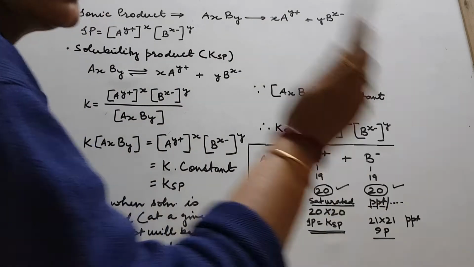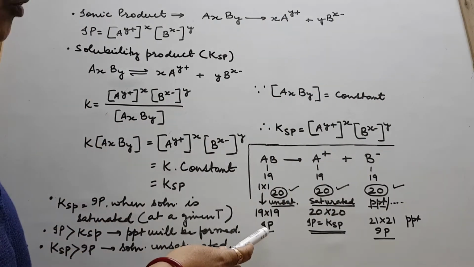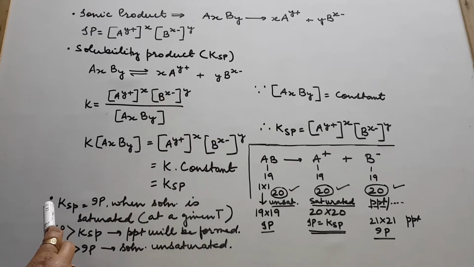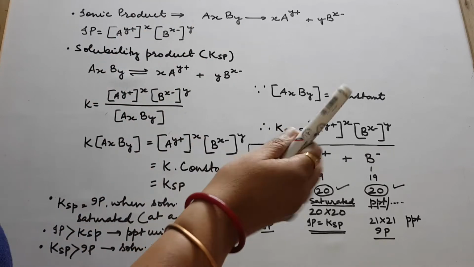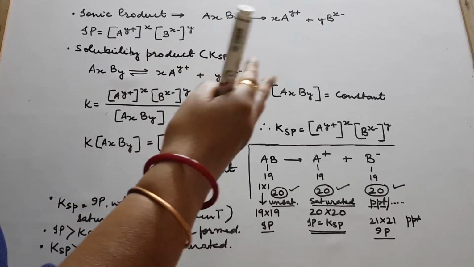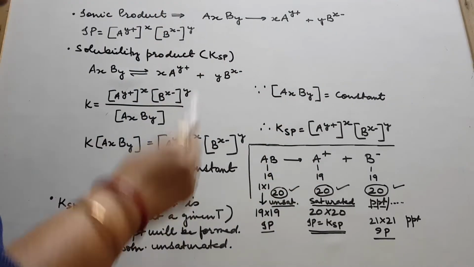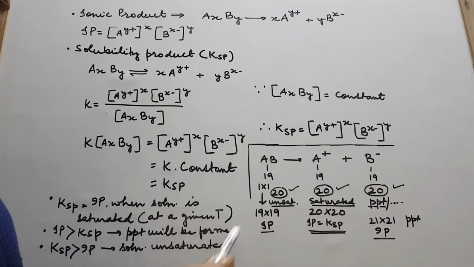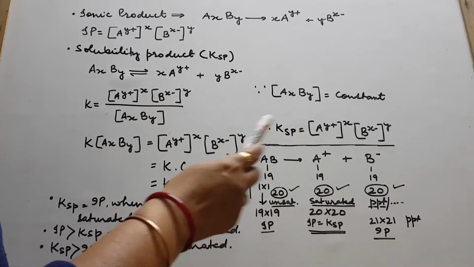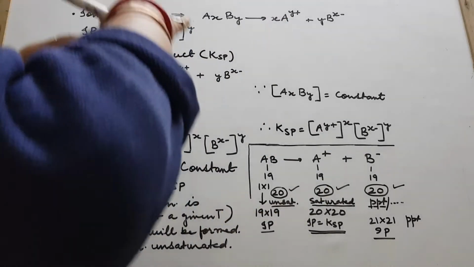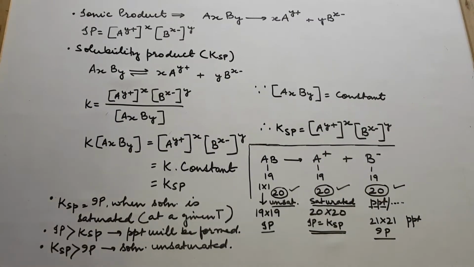All are IP. But when it was 19 into 19, the solution was unsaturated. Till 19 into 19, the solution was unsaturated. Whether 5 into 5 or 18 into 18, unsaturated means more salt could be dissolved. 20 into 20 is the maximum.